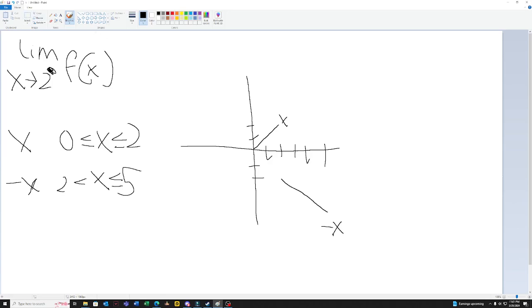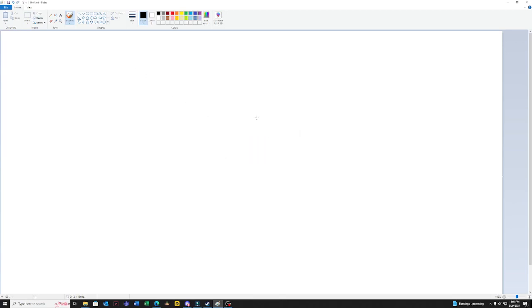So for one final example, I'll get a graph here. And I'll say the limit as x approaches 1 of f of x.